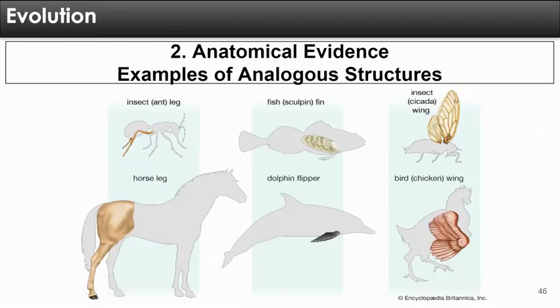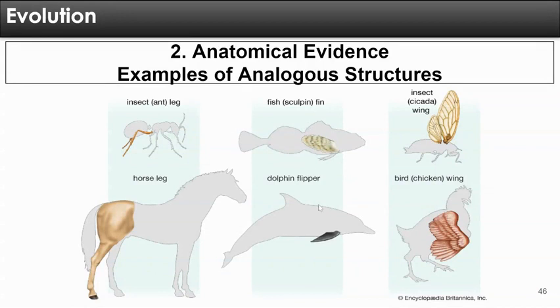And then here on slide 41 in your note packet, some examples of analogous structures. Take a look at how all of them are structurally different, but can have common function. They're grouped a little bit strange here. On the left, you're comparing the insect leg to the horse leg, both functioning the same, allowing the organism to walk and move around, but internally the structures are very, very different.